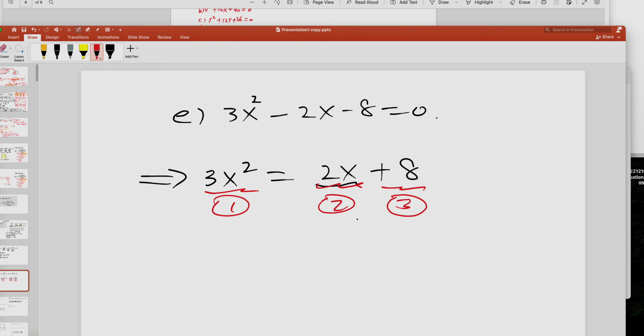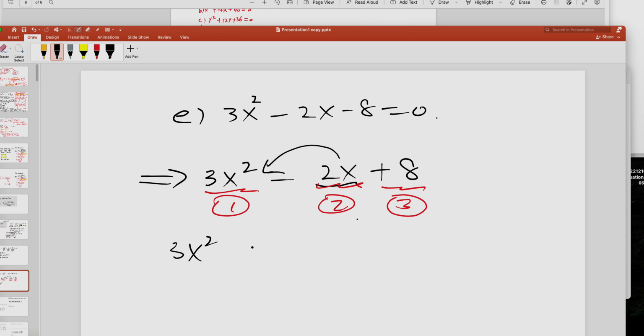Not yet. You see 1 term on the left, 2 terms on the right, right? So you could have tried to move everything to the left so that you end up with 3 terms on the left and 0 on the right.